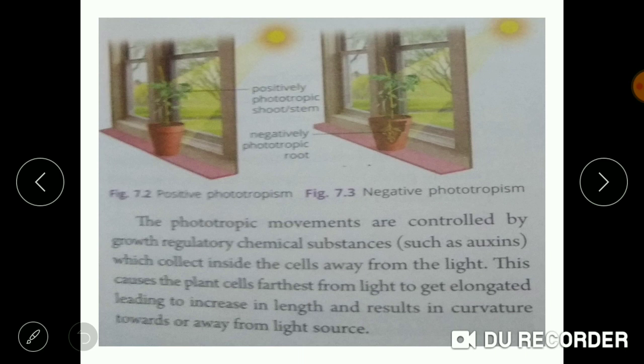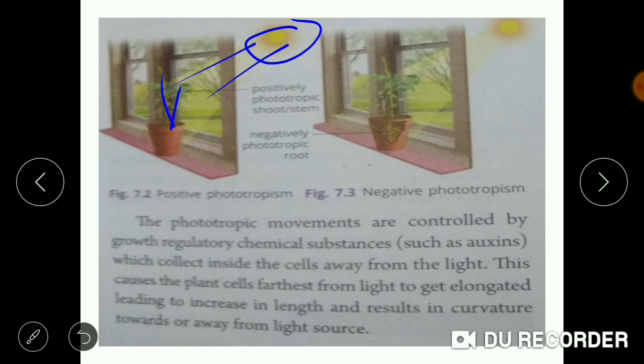With the help of a diagram, it will be more clear. The sunlight is coming from here, and the growth of the stem of the plant is taking place towards the light. So the shoot is showing movement towards the light, which means positive phototropism.